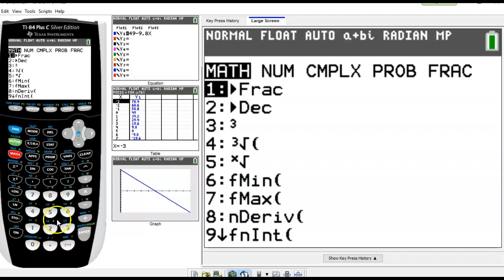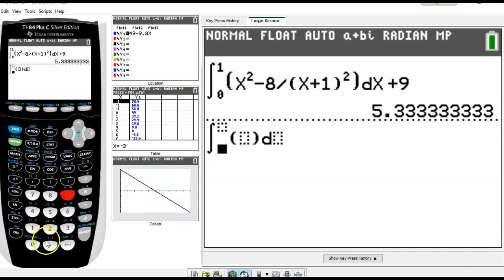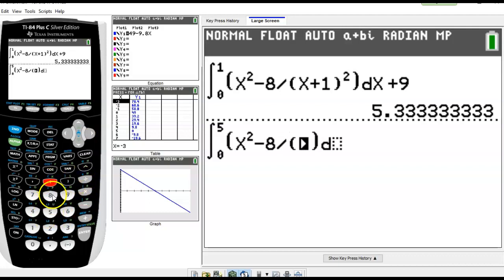All right. Number 9. So the next one was 0 to 5. X squared minus 8 divided by x plus 1, oh, it's x plus 1, right?